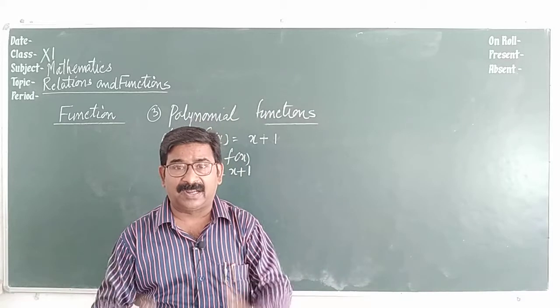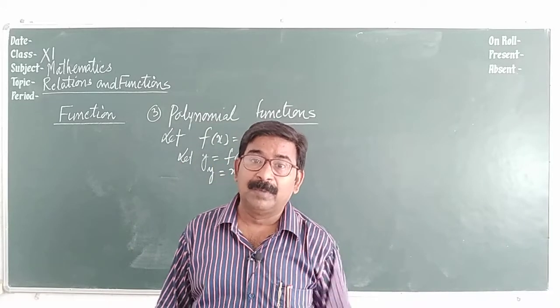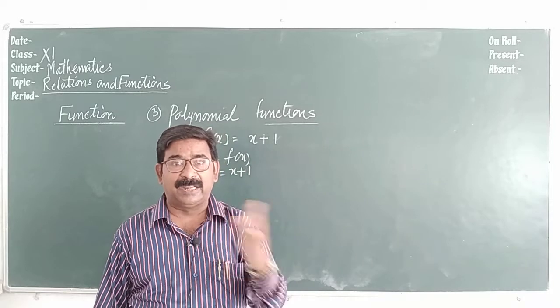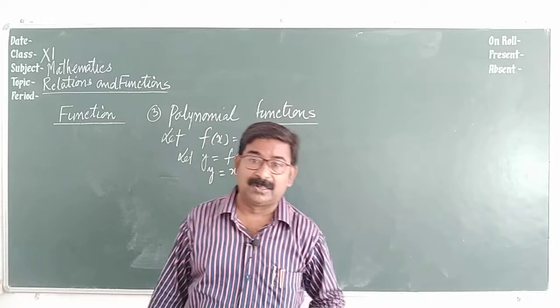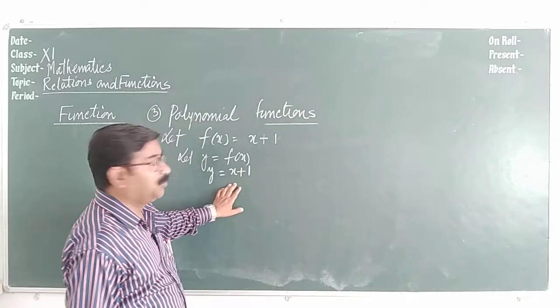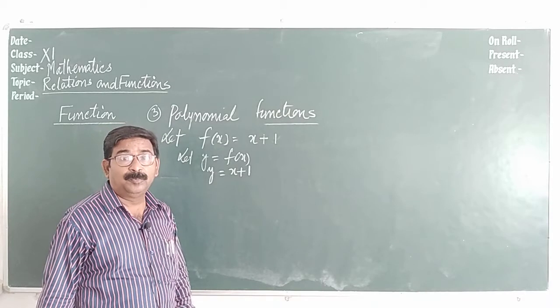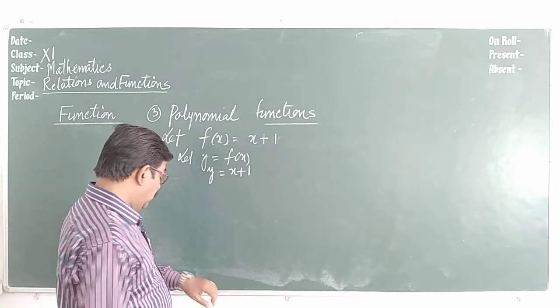Means for all kinds of polynomials, domain is all real, but range varies. Sometimes it may be positive real, sometimes negative real, sometimes all real. So in case of linear polynomial, we have domain and range all real.